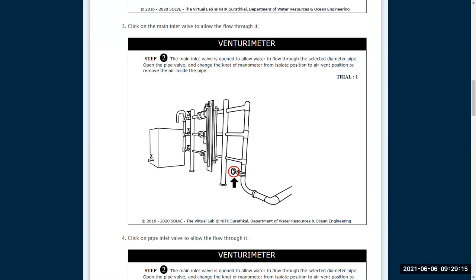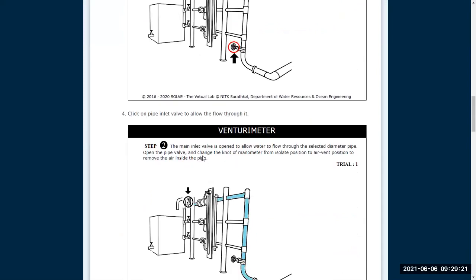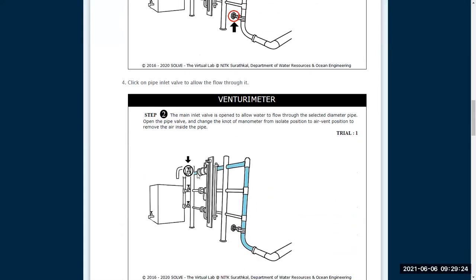After opening this valve, the next step is to open the main inlet valve, which is nothing but your discharge valve, where water will be allowed to flow through the venturi meter. Here you can see this is the discharge valve.